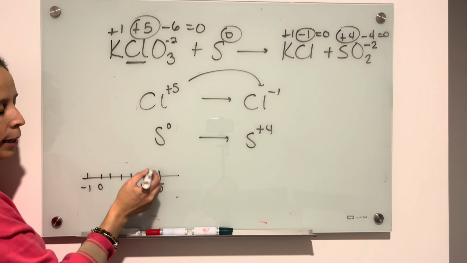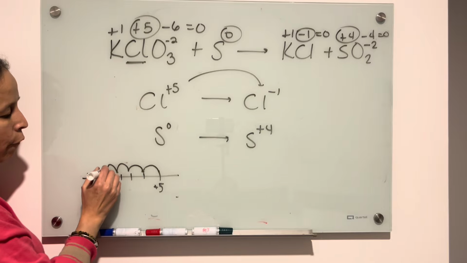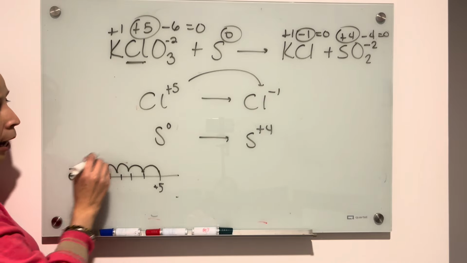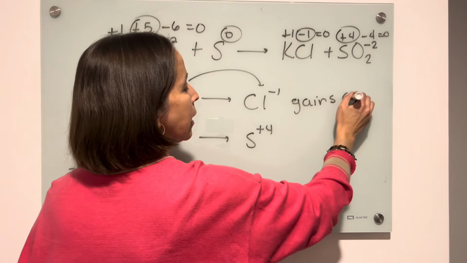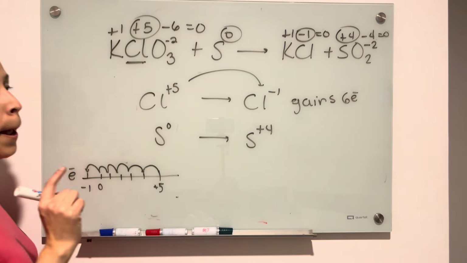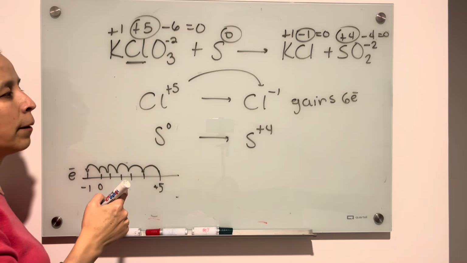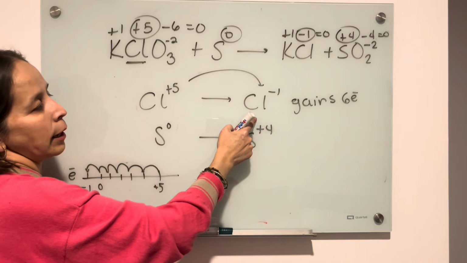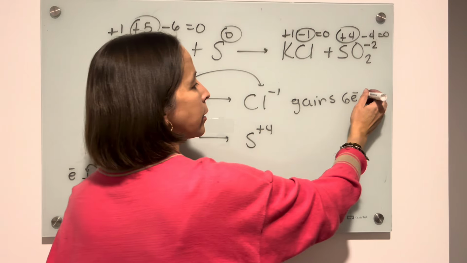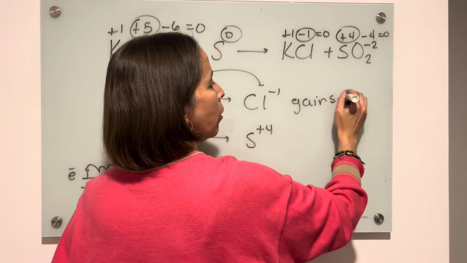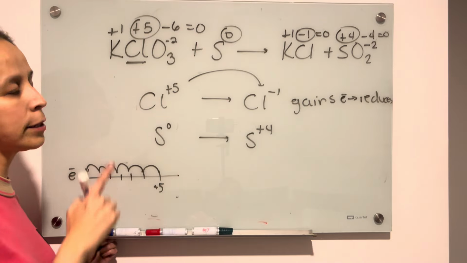We can identify here that it gains 1, 2, 3, 4, 5, 6 electrons, and here gains 6 electrons because electrons are negative numbers. So if it gains electrons, its oxidation number reduces its value. So it gains 6 electrons.